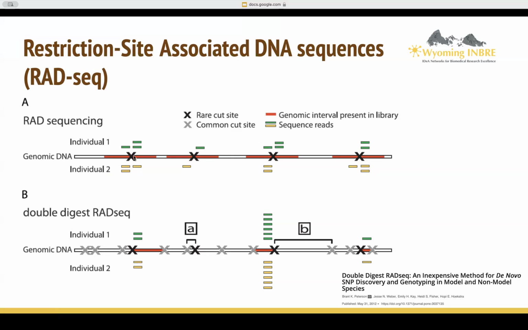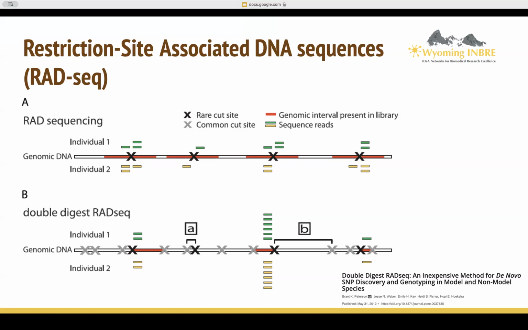So this process involves cutting the DNA with a restriction enzyme, attaching sequence adapters, and then sequencing those fragments located near those cut sites. Overall, it's a powerful method for discovering and genotyping genetic variants, especially in non-model organisms.